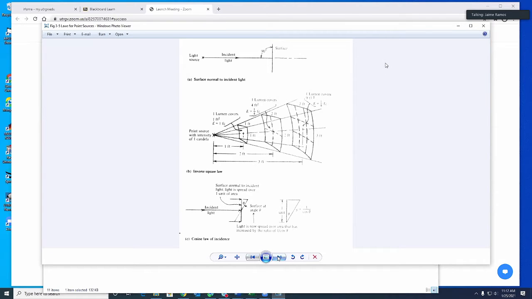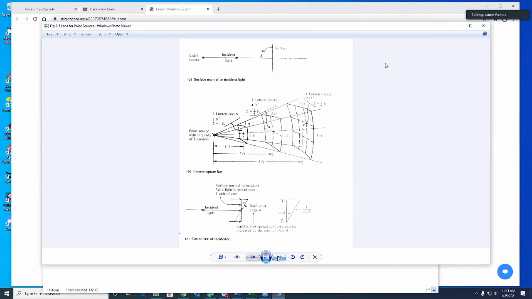That's the source property. Now, we have detectors, light detectors. It can be our own vision at different distances. And for those, now we talk about illuminance, and the units are foot candles.